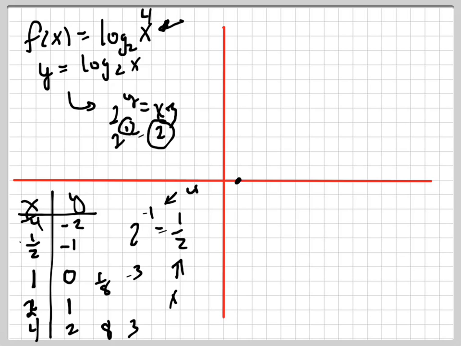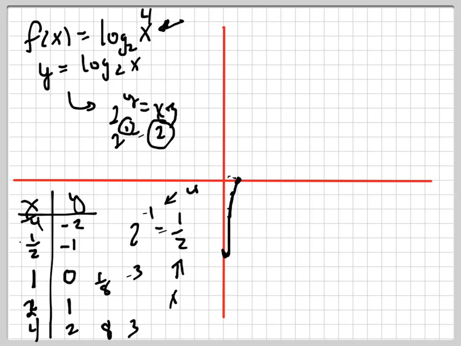Let's start plotting those points. The closer and closer I get to 0 as I'm plugging in x values, the further negative y is going to be. There's a point right there at 1/2, -1. There's a point right there at 1/4, -2. If I go another way, it's all the way down to here, and then etc. What's going to happen is it's going to get closer and closer to that y-axis, but it's never going to touch it.